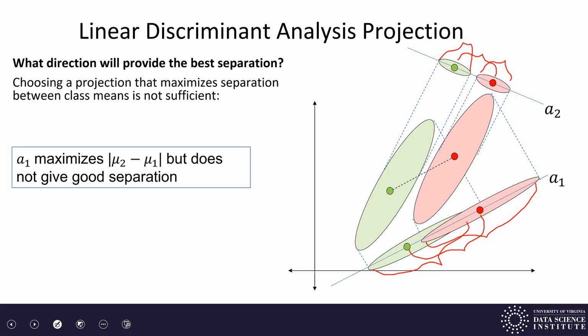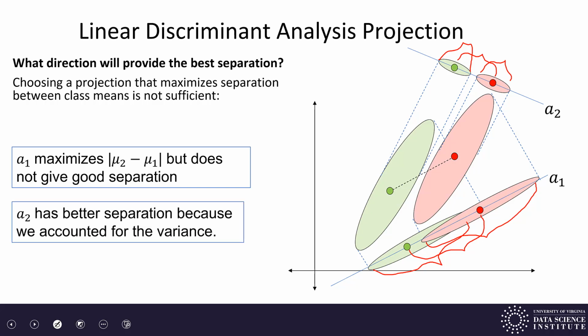So that's the trade-off we're looking for. We're looking for a projection that maximizes separation between the means and minimizes the within class spread. And that's what the linear discriminant analysis projection is going to give us. And so A2 is better at separation because we accounted for the variance of the spread within the individual classes.